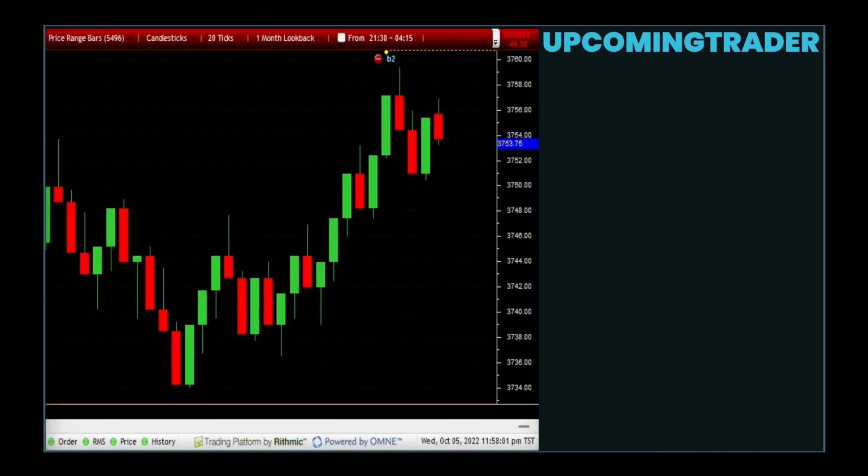Calculate the net premium received, which is the income from selling the spread, and understand the maximum potential loss and gain. Monitor the underlying asset's price movement and be prepared to manage the position, especially if the market moves towards the sold option's strike price. Be aware of assignment risk, particularly for the sold option as expiration approaches.